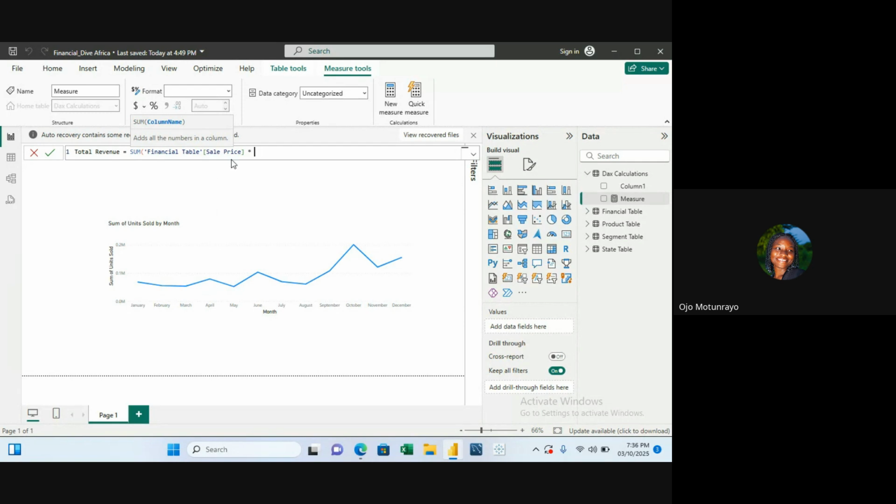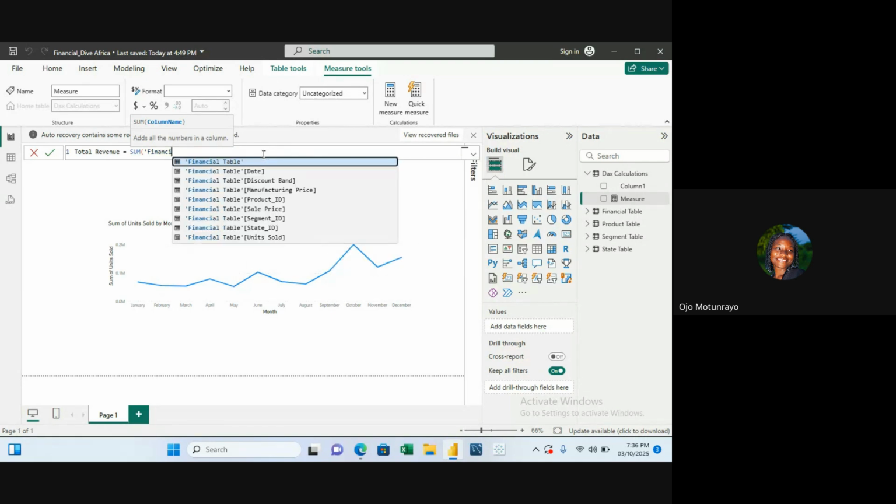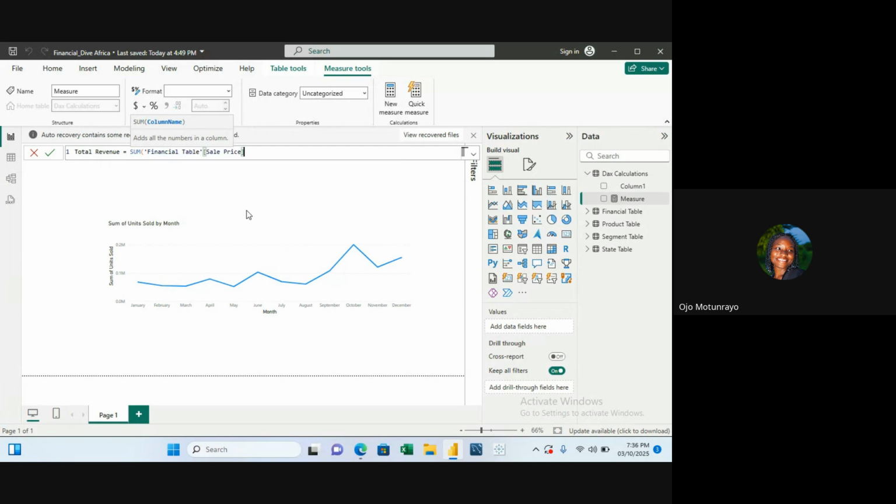All right, so I think I have to go the other way, because it's supposed to give me this financial table. Sales price.